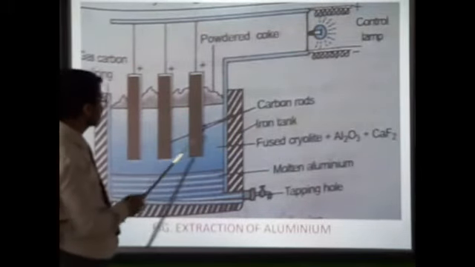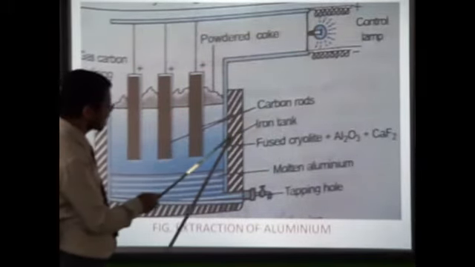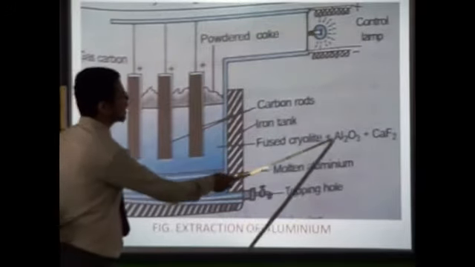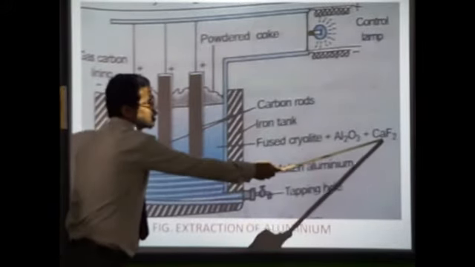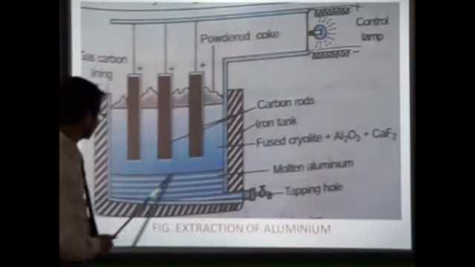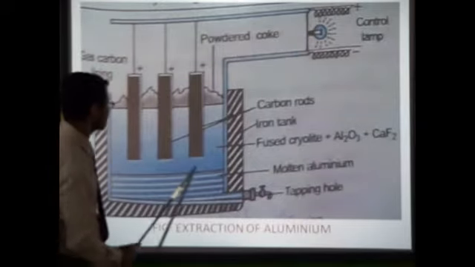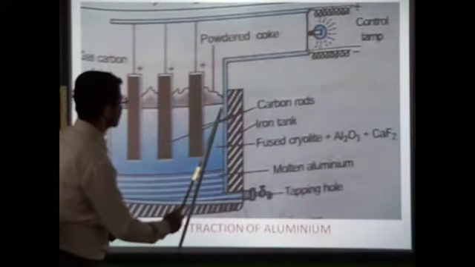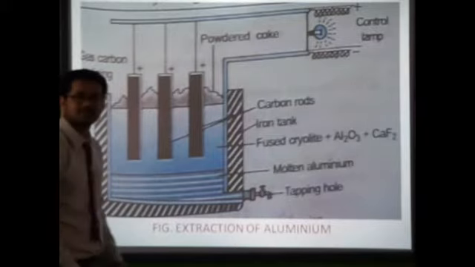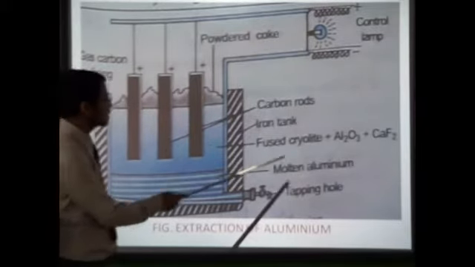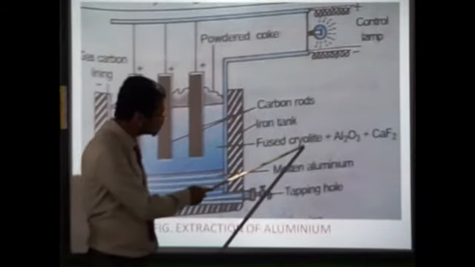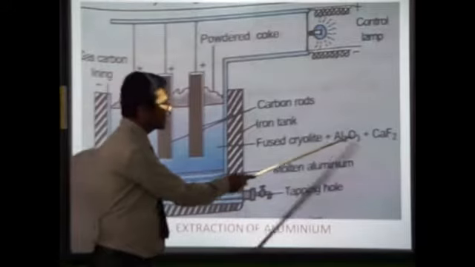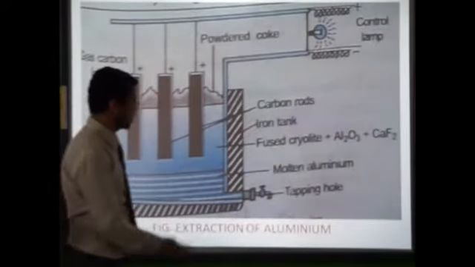Now, this is carbon rod, this is iron tank, this is fused cryolite, alumina and fluorspar. This is the solution, the electrolyte, which conducts electricity. This electrolyte contains cryolite, alumina, and then fluorspar.